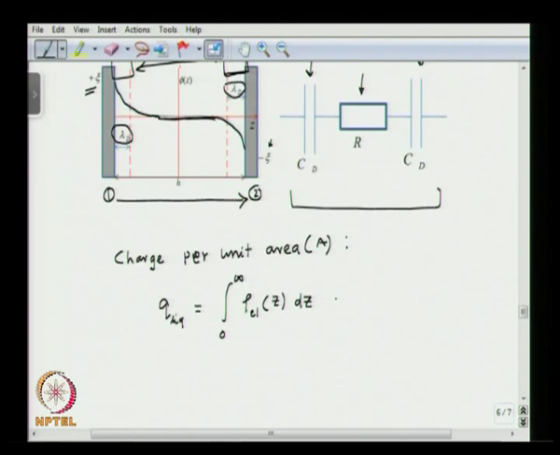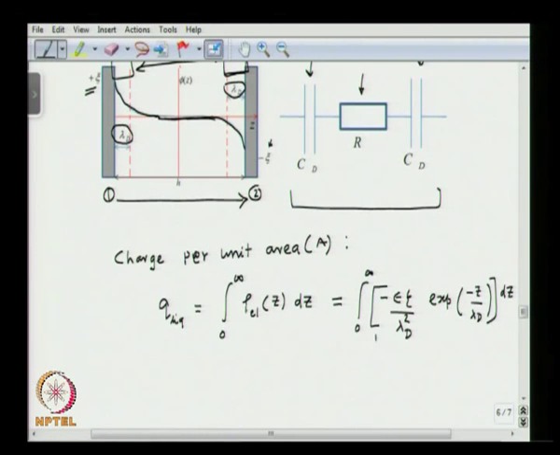Okay. So from 0 to infinity, we have an expression for the charge density, which is given by minus epsilon zeta over lambda d square into exponential of minus z over lambda d, into dz.